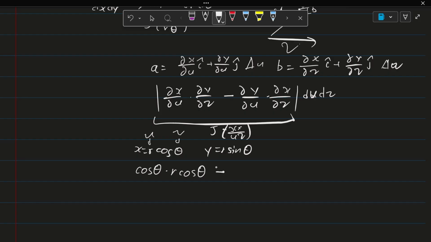Subtract that by the partial y over partial u, or the sine theta, multiplied by the derivative of x with respect to theta, negative sine theta times r. And this is going to be r, because cosine squared plus sine squared is 1. And this is our Jacobian.